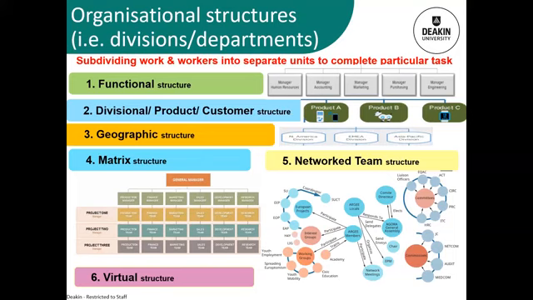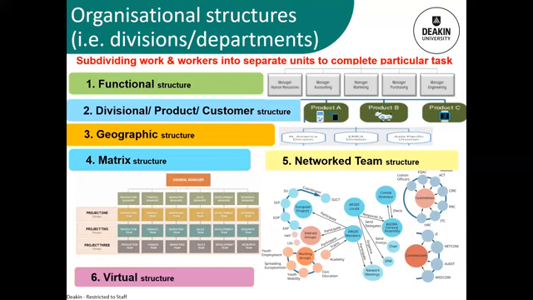Now, another way of organising the workers and work tasks is by division, and this could be done by either products or by customers. So rather than putting people together based on their expert skills like the accountants or the HR people, which is functional, instead you put them together based on the product or who the customers are that they're responding to.